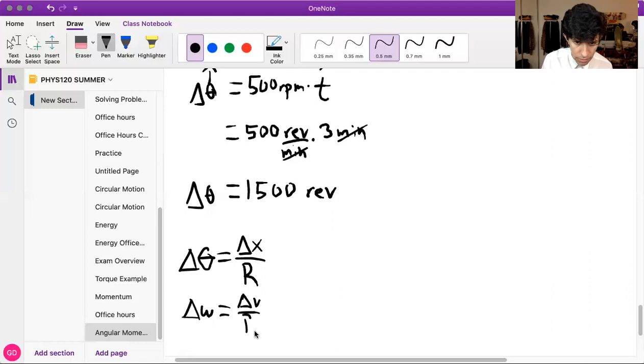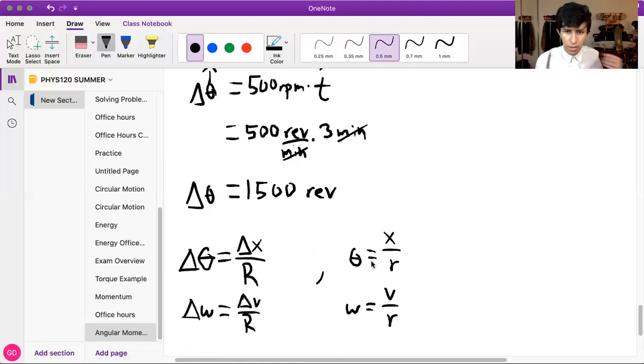Over radius. And the same thing for acceleration. So of course, if you have theta, you can just put x over R, omega, velocity over R. So that's how you relate the counterpart. When you want to have a relation between the linear and the angular, it's just divided by a radius.